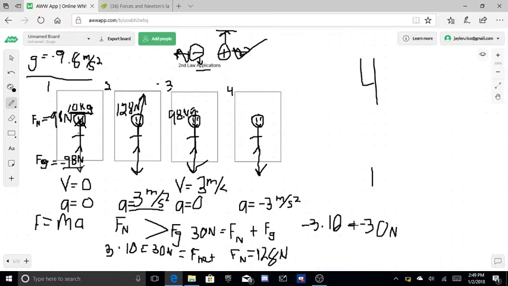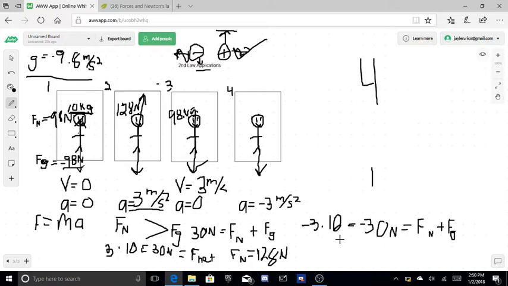And this is equal to F N plus F G. Those are the only two forces applying in this problem. We can find the normal force the same way we did in stage 2, where we subtracted the force of gravity from the net force.